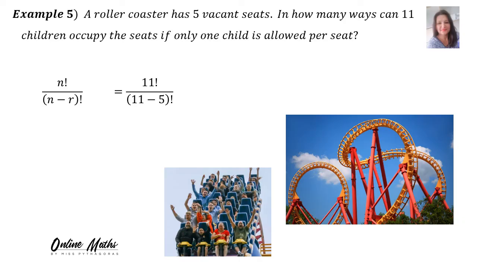And then here's a tip for you. N is the big number there, and then again 11 minus 5, the vacant seats. Therefore, our answer will be 11 factorial divided by 6 factorial, 55,440 different ways.